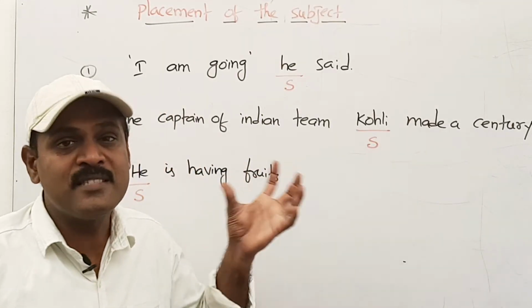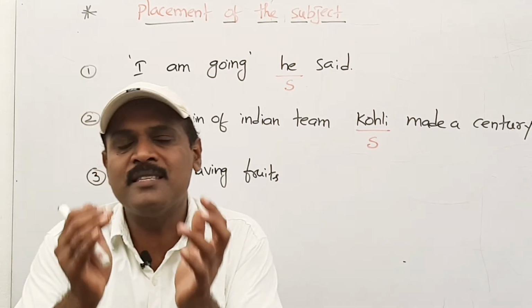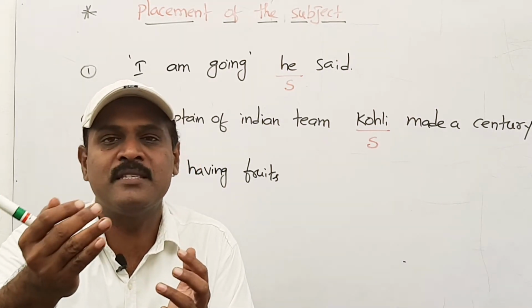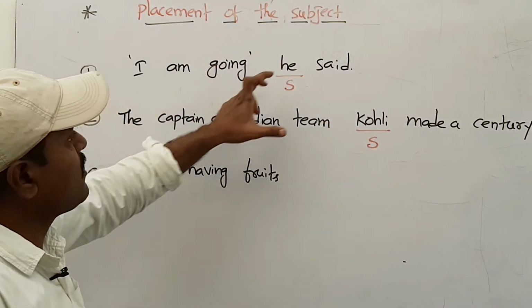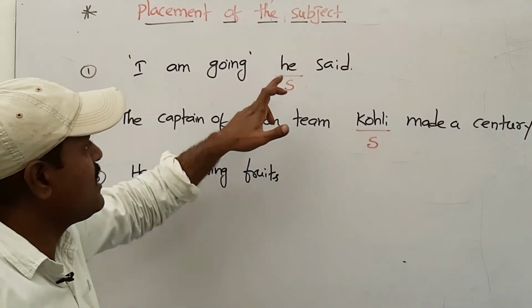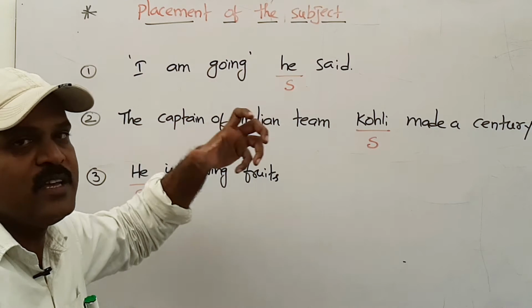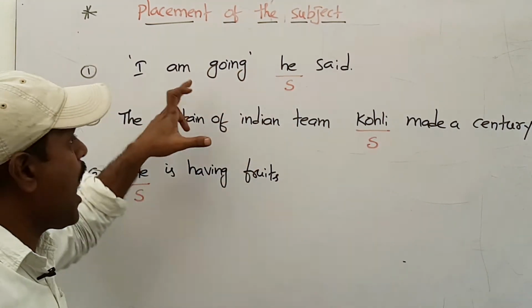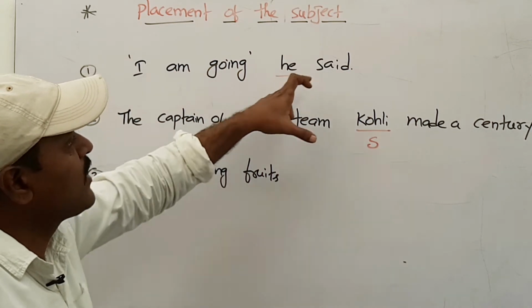The next thing is the placement of the subject. Usually we place the subject in different places depending on the sentence. Examples. I am going, he said. Who said? He said. What did he say? He is going. Actually, here I am going is in inverted commas, and then we write he and then said.